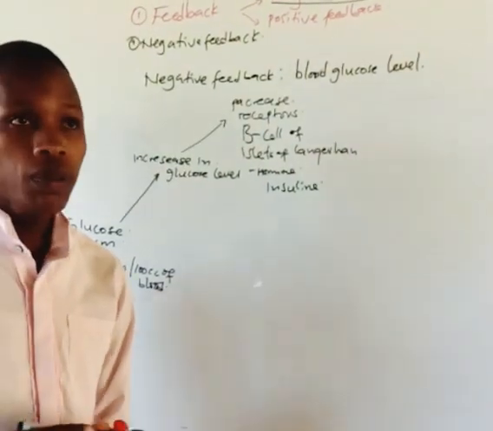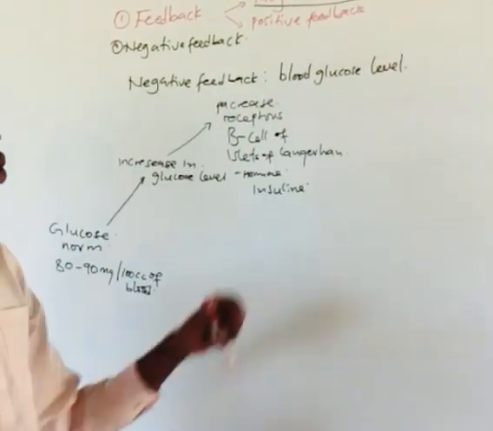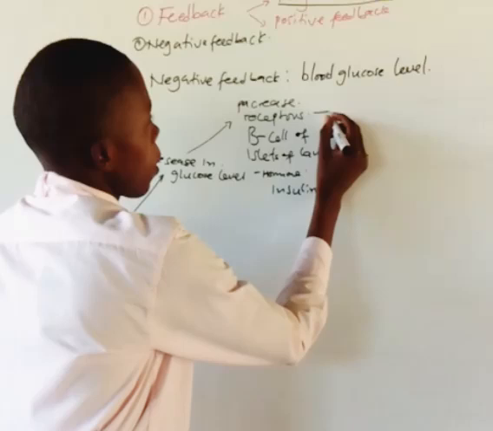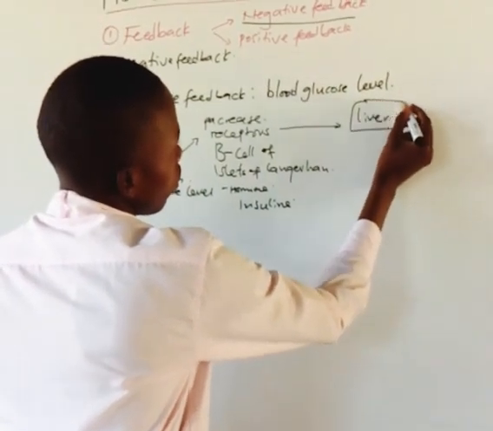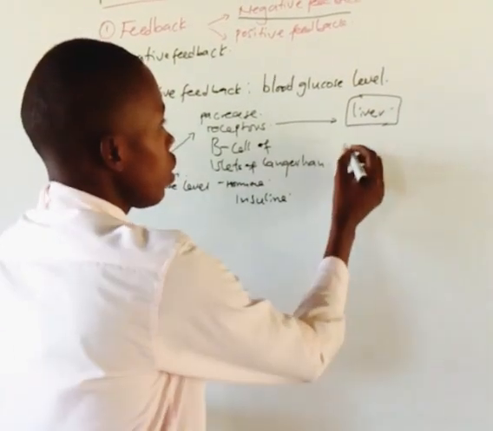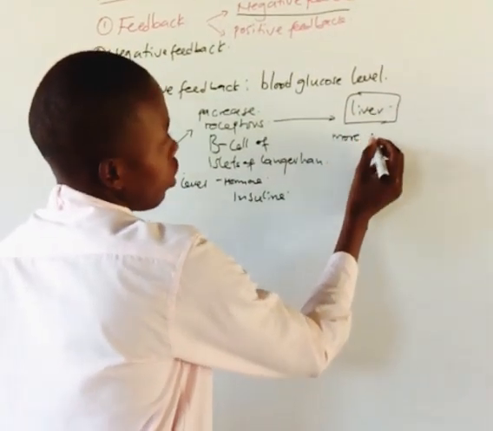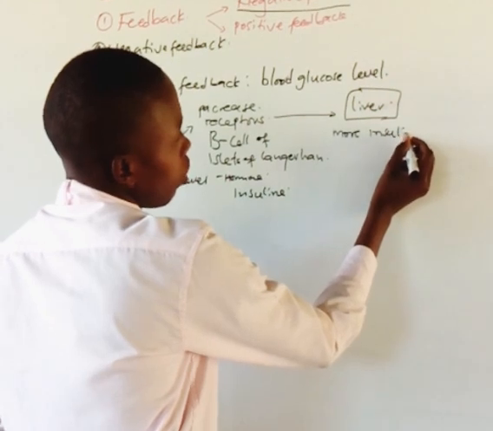So this insulin goes to the liver cells, and remember, insulin is at a high concentration now.